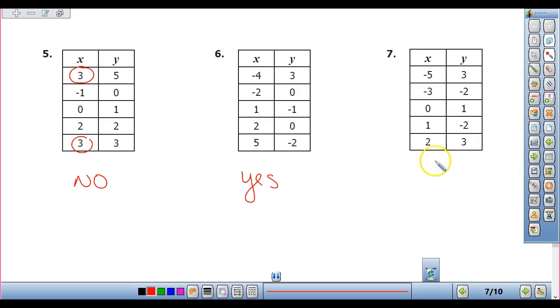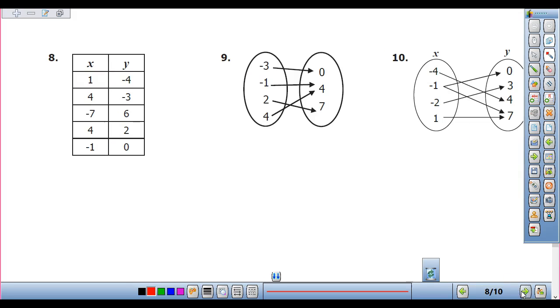That one is also yes. Very good. Number 8, repeaters? What repeats? 4. So this is not a function.